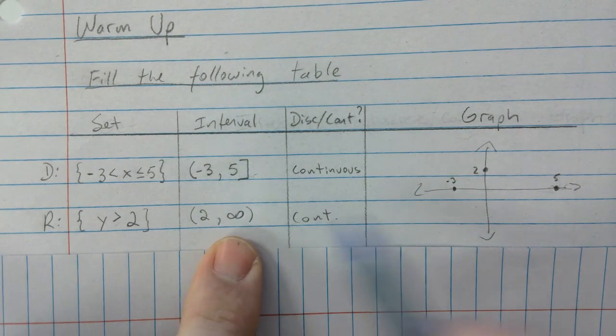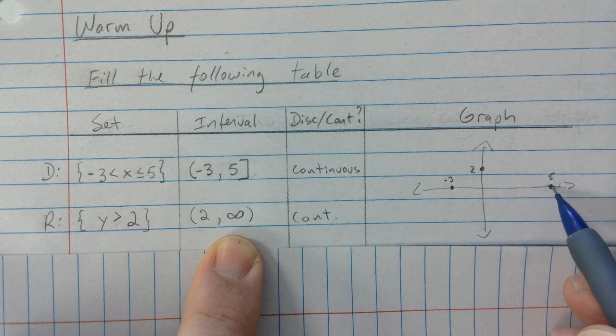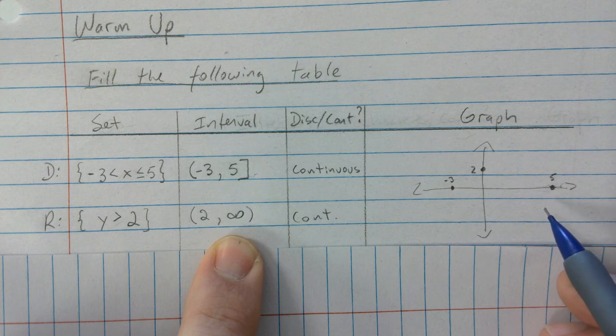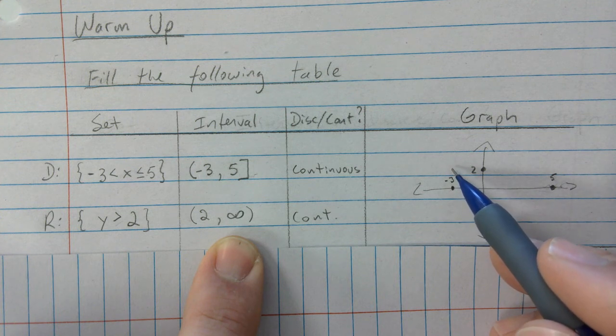Because you need this to be contained. If you drew a line from -3, but it would have to start up here somewhere, right? Because 2 is included.